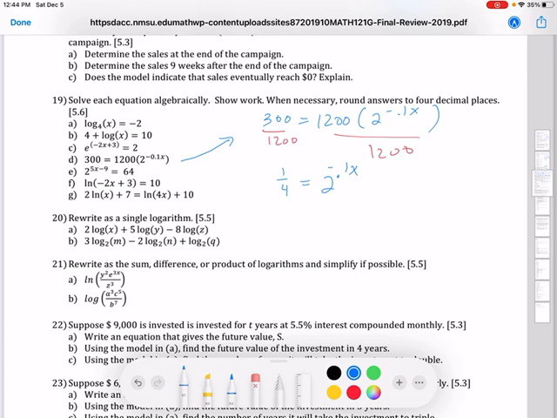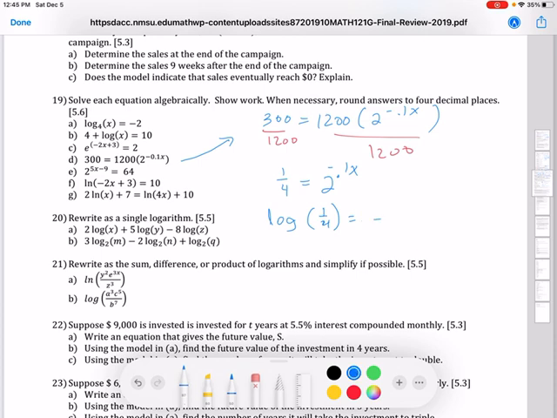All right, here we go. We're ready to use logs now. The easiest way I recommend is placing logs in front of each side, the left and the right. If you place a log in front of the left and the right, the exponent moves to the front.